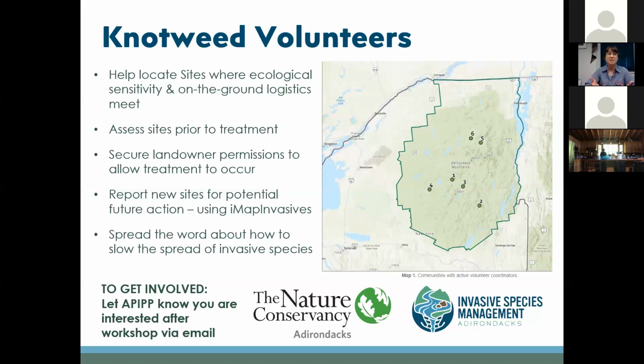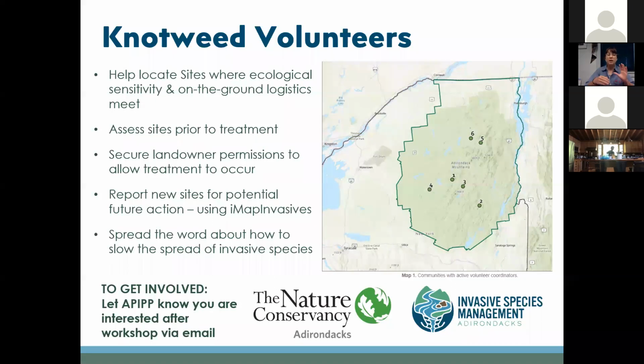They'll also assess sites prior to treatment. So this is also really narrowing down where we can use limited funds to hire professional applicators to go out and take care of knotweed. They'll secure landowner permissions to allow that treatment to occur.